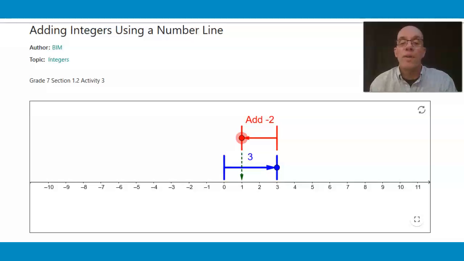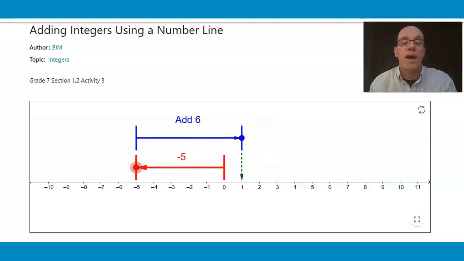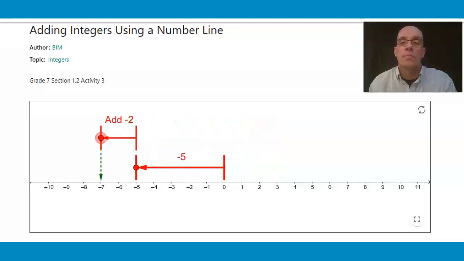So what happens when I start off with negative 5 and I subtract 2 again? Well, subtracting positive numbers, I move to the left on the number line. Same thing here.